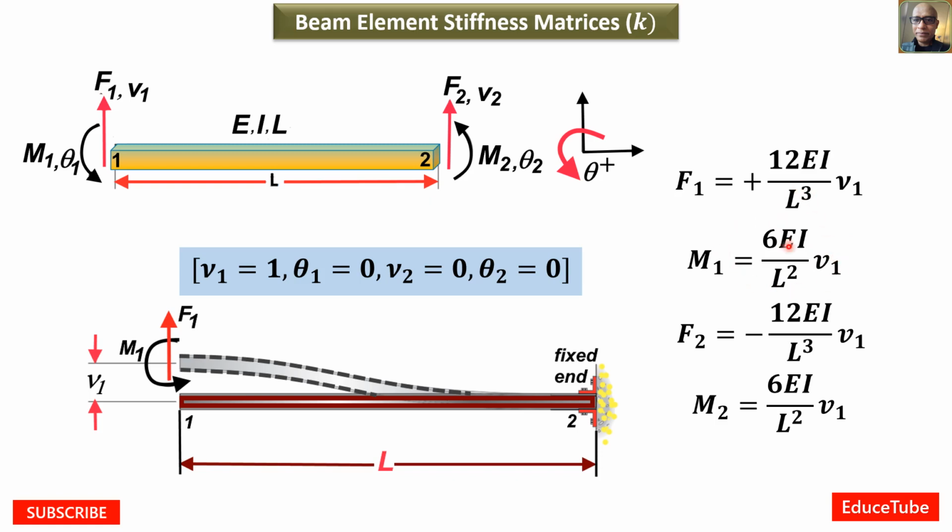These 4 values are the first column of the stiffness matrix. This part goes to the displacement vector, this nu1, but this part, 12EI over L cubed, 6EI over L squared, and so on, is the value for K11, this is K21, this is K31, this is K41, the first column.